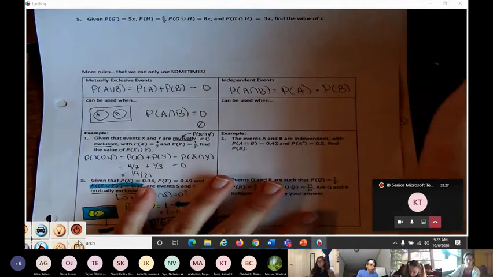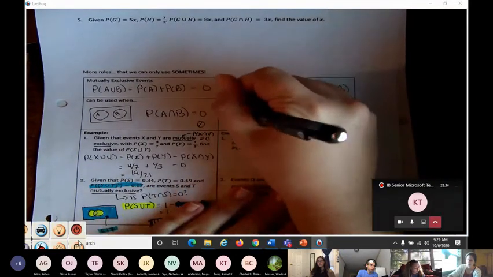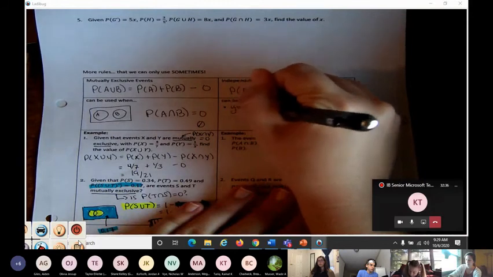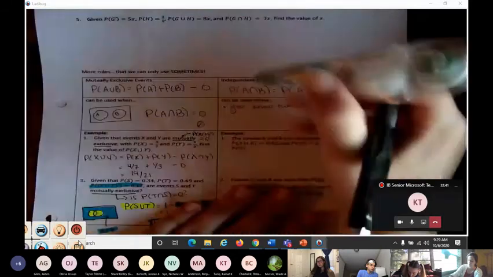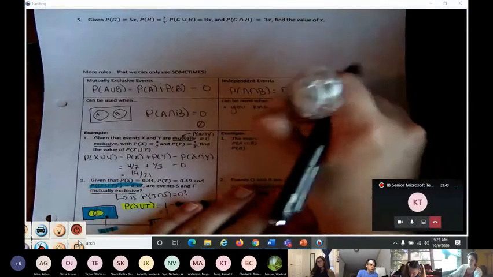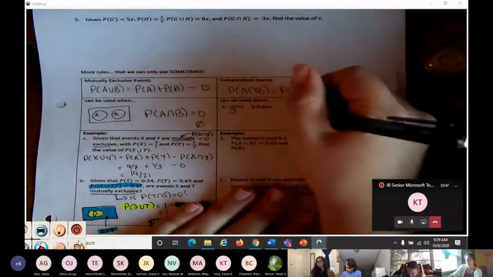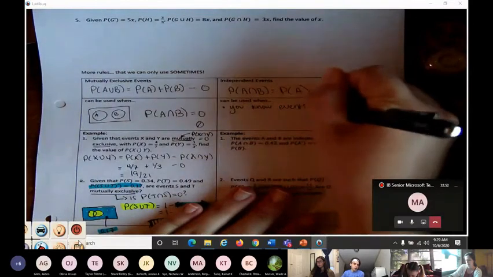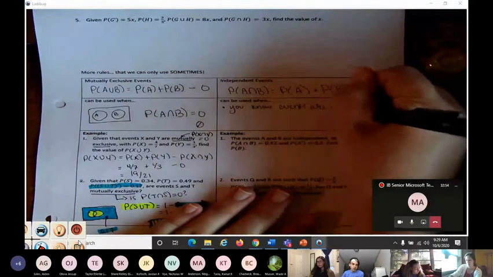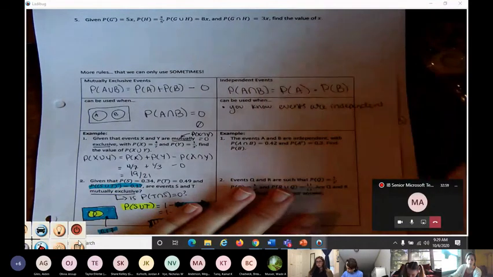Okay. This can be used when you know any given number of events are independent. So when you know events are independent, okay.